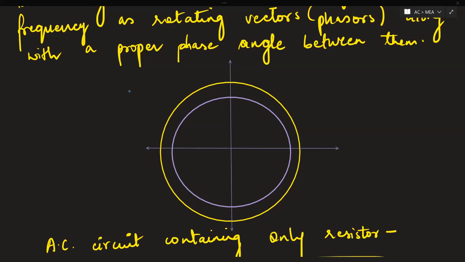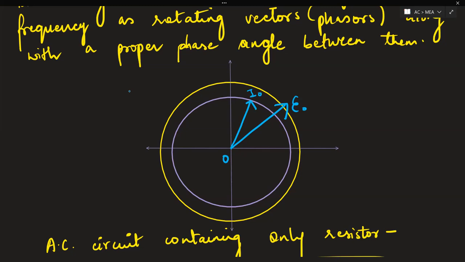Now, if I draw voltage, I am depicting that this is the value of voltage. Let's say E naught is the voltage in this. So this pointing arrow is pointing towards a specific value of E naught. Now, if I draw current over here, this is the peak value of current.